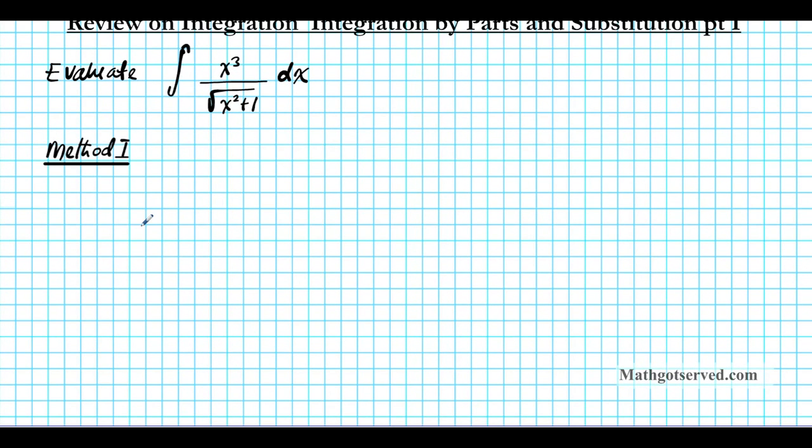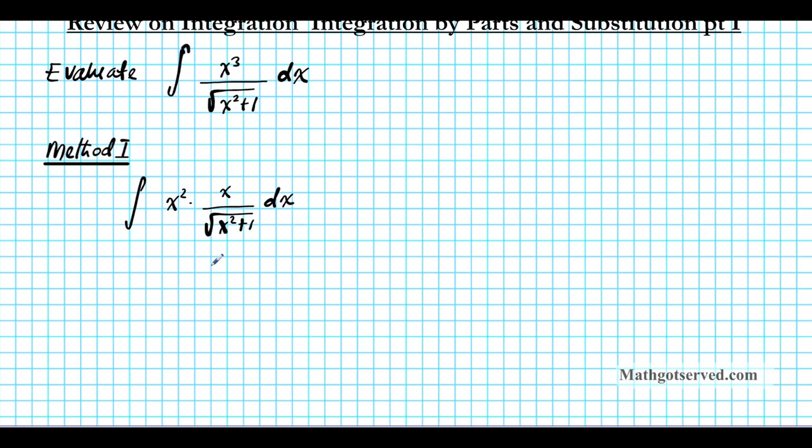If I express this integral in the following format, x squared times x divided by the square root of x squared plus 1 dx, what you notice is that it's easy for me to find an antiderivative of this expression right here using u substitution, and then I can differentiate this with ease. Had I used the reverse process, call this dv and call this u, then when I differentiate this, it looks very complicated and it makes our life much more difficult.